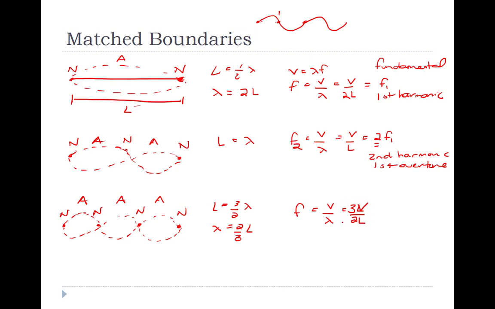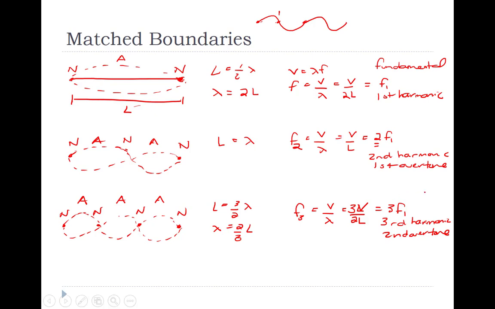And if I compare this frequency to this one up here, I see that it is a factor of 3 bigger. So this is 3F1. So F3 is 3 times F1. And this would be your third harmonic, or your second overtone.